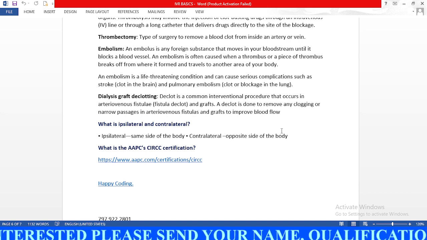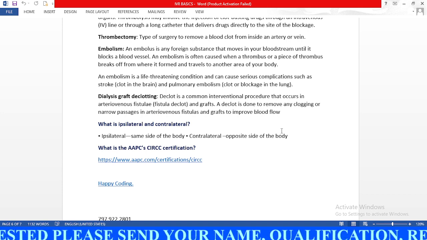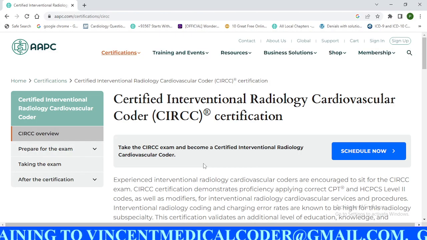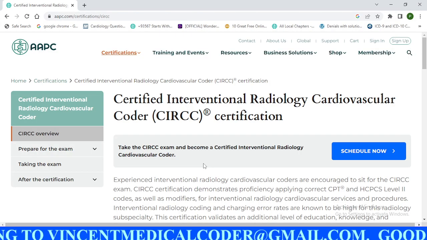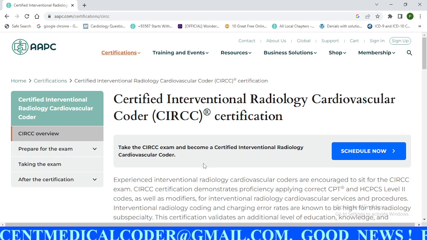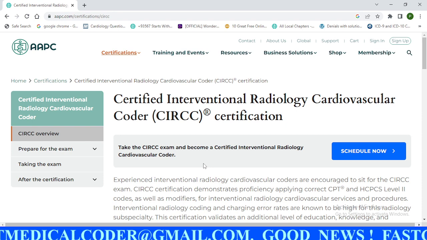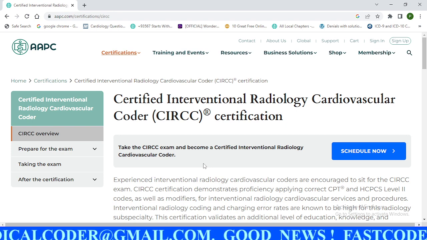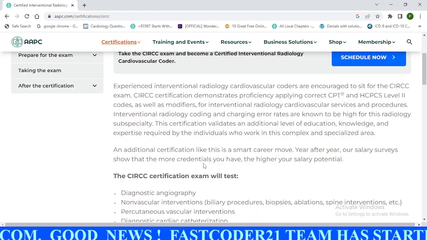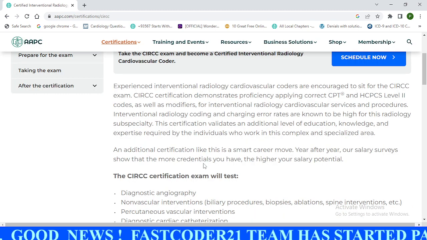So next one and last one, what is the AAPC CIRCC certification? Basically, AAPC's CIRCC certification, which we usually call the Certified Interventional Radiology Cardiovascular Coder. This certification is useful to people who are working in IVR coding. Everyone can't write this CIRCC.